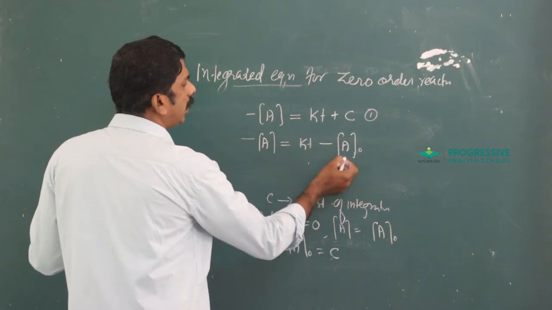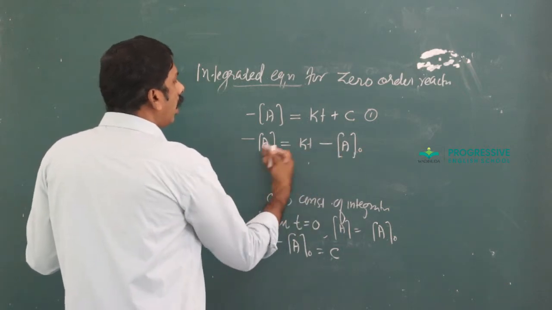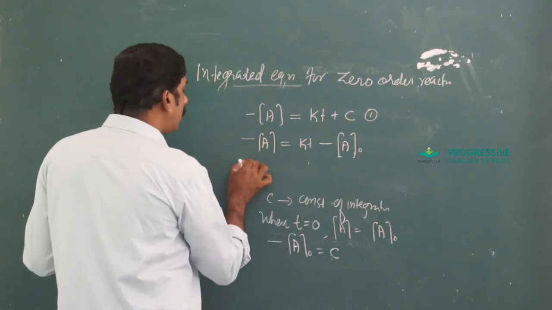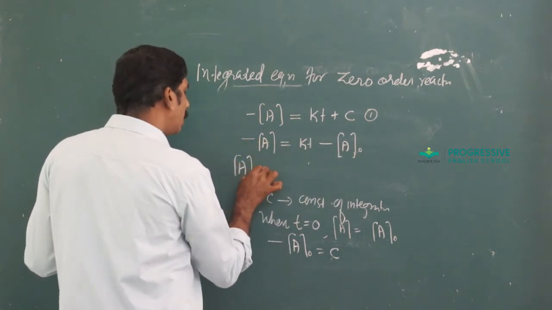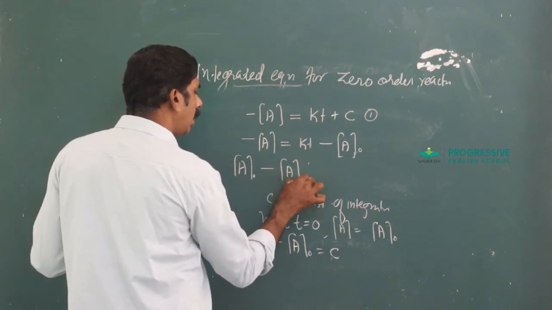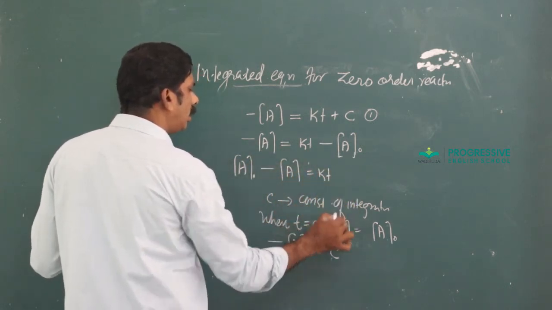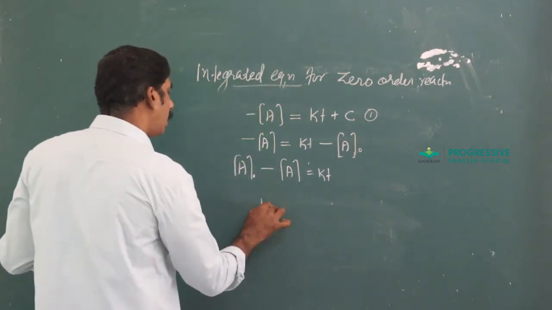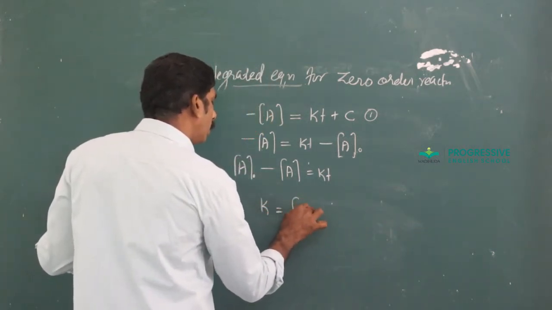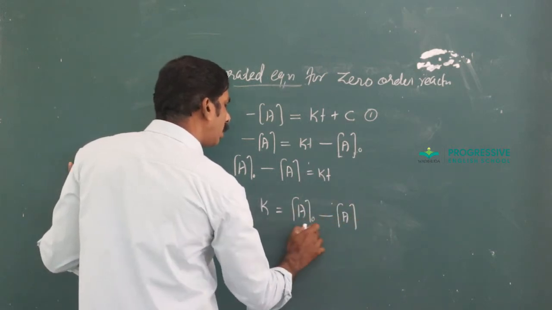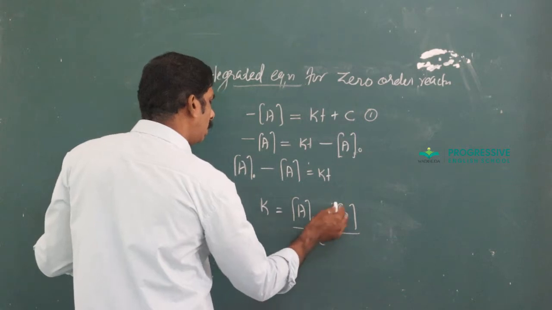On rearranging this, when this A0 moves to the left side, it becomes A0 minus A equal to KT, or K equal to A0 minus A divided by T.